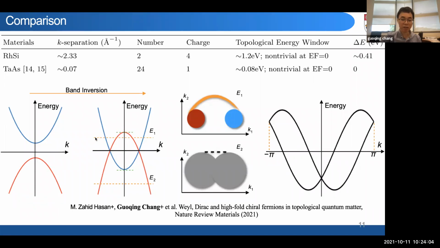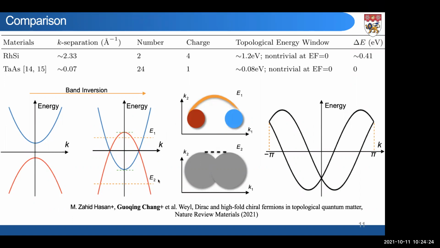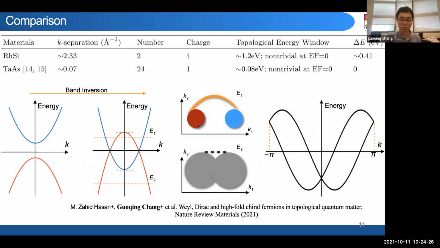If your Fermi level is in between them, if you cut here and look at the Fermi surface, you will have two isolated Fermi surfaces, which include these two Weyl nodes inside, where you can distinguish the topology in momentum space. However, if you go beyond this Lifshitz transition, like the energy E2 here, these two pockets actually will merge into one.